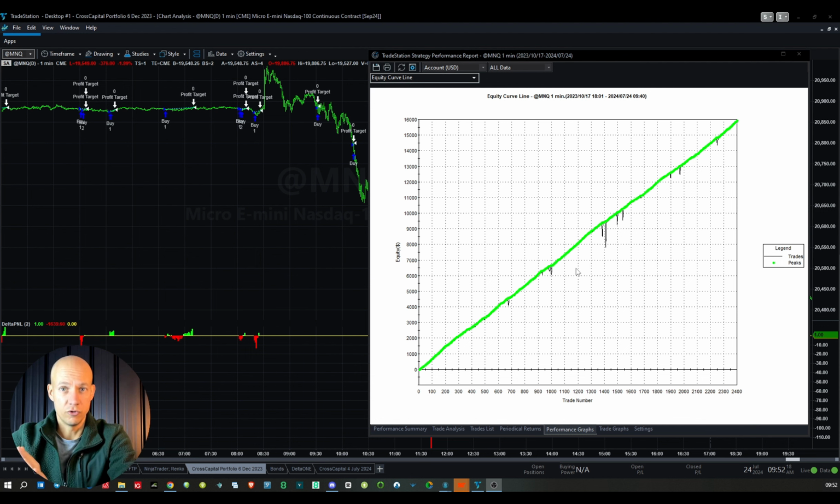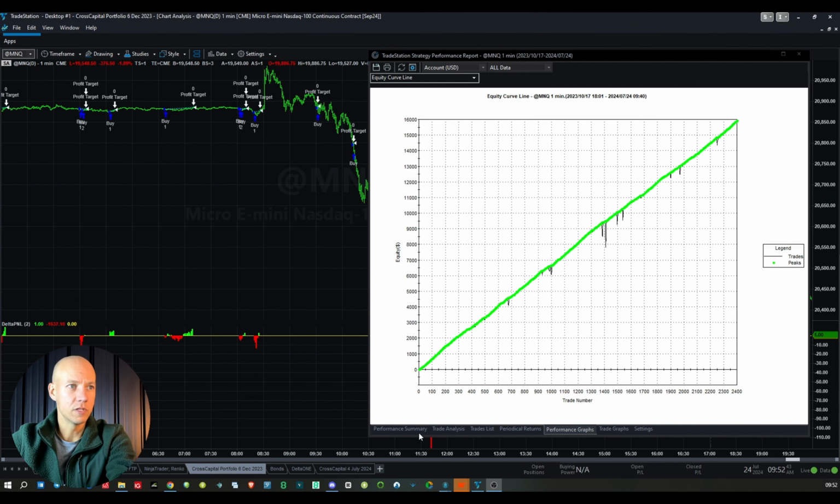Some algos have the same equity curve, and people sell it for a monthly subscription. But when you look into the smaller detail, you can see it's actually extremely risky.